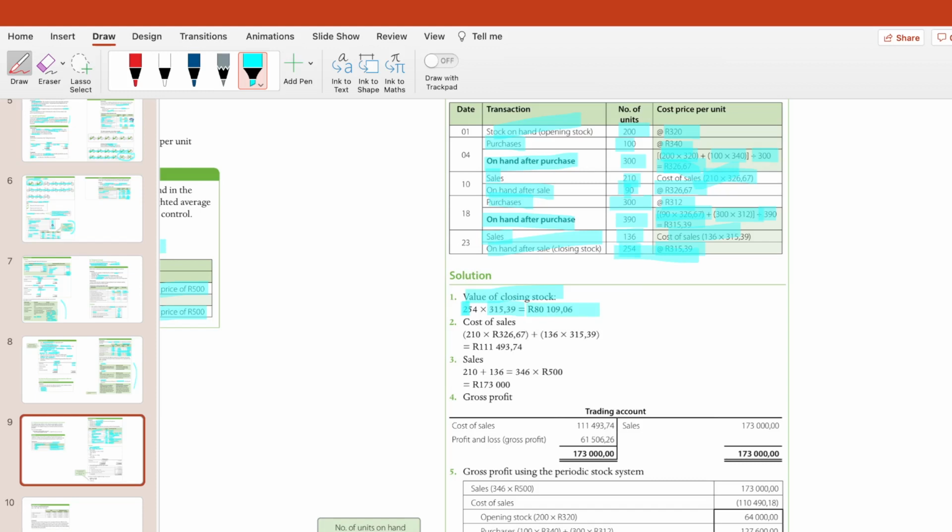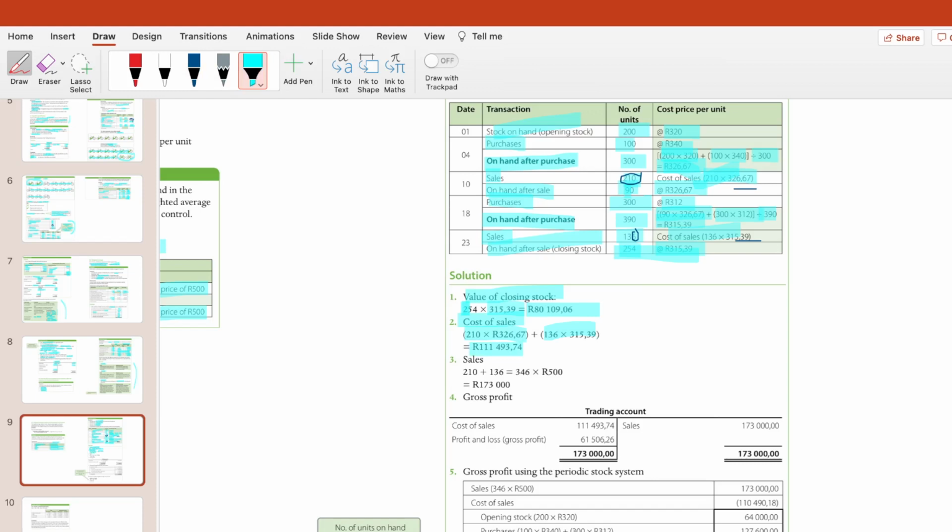Our cost of sales, we multiply the 210 at 326 rand 67 cents plus the 136 at 315. You've seen we take then that one over there, the 210 at that price, and we take that one there at 315, and that gives us the amount of 111,493 rand and 74 cents.